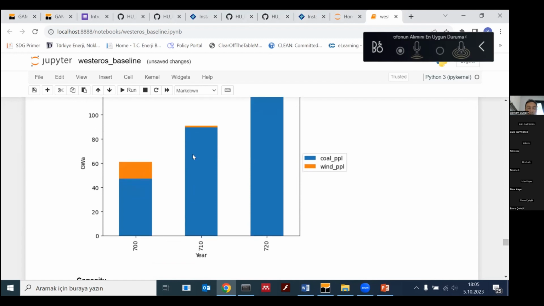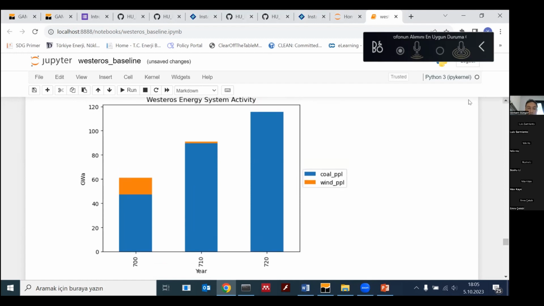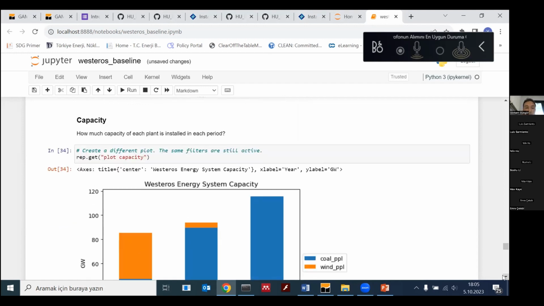But after that, as the cost of coal power plant is lower than wind power plant, and the availability of coal power plants to generate on time compared to wind power plant, we can see that there's a substitution from wind power plant capacity to coal power plant capacity for the baseline model results without any energy policy or climate policy constraints.